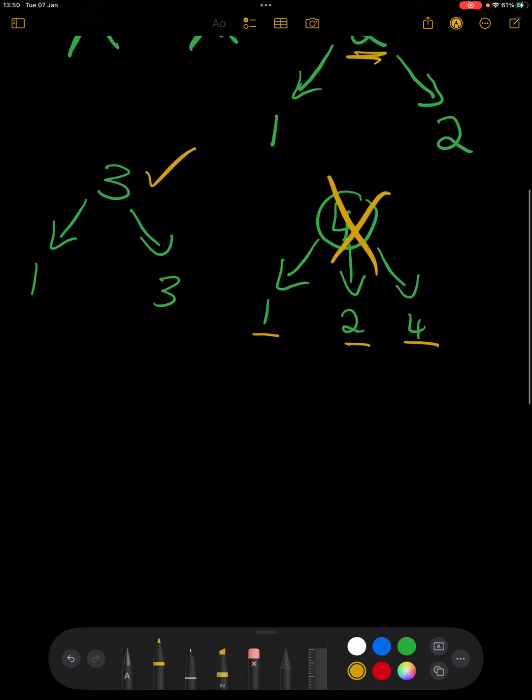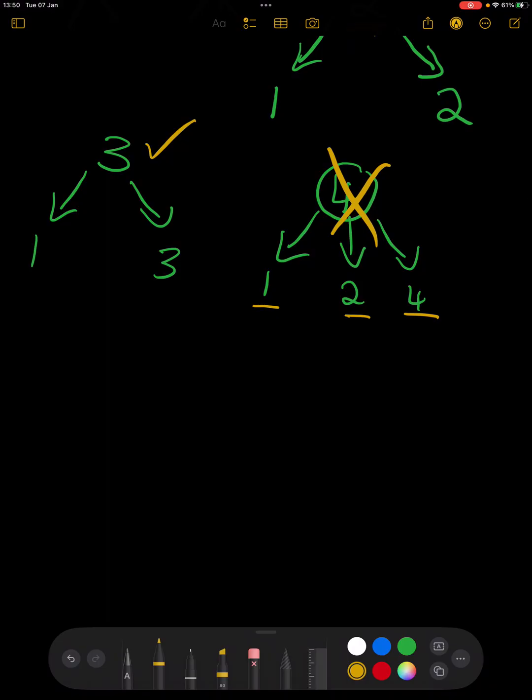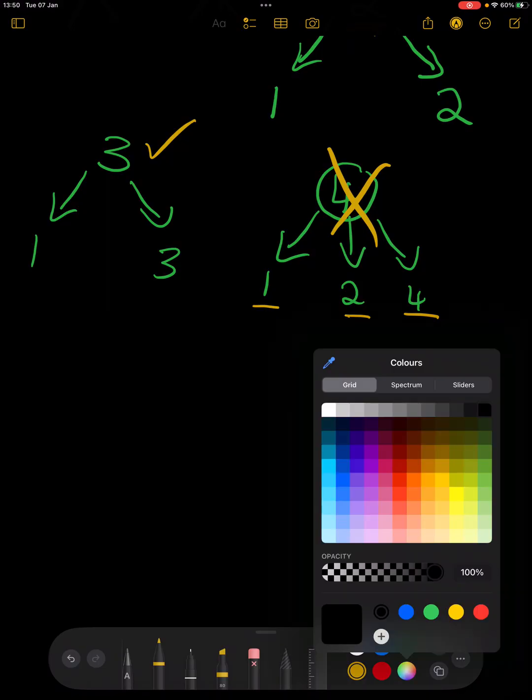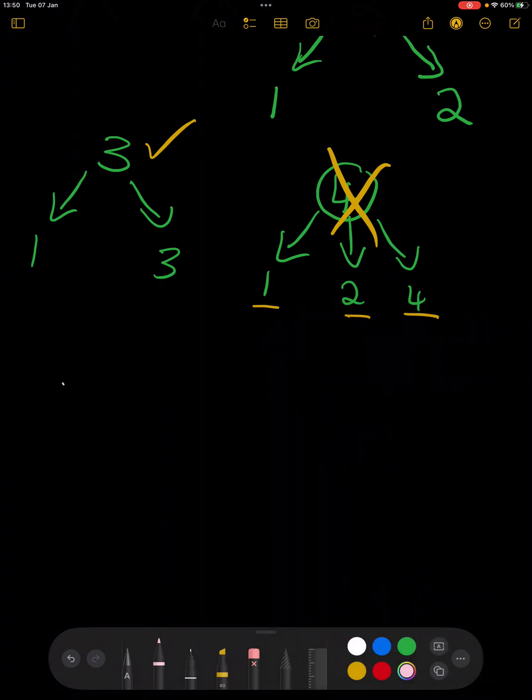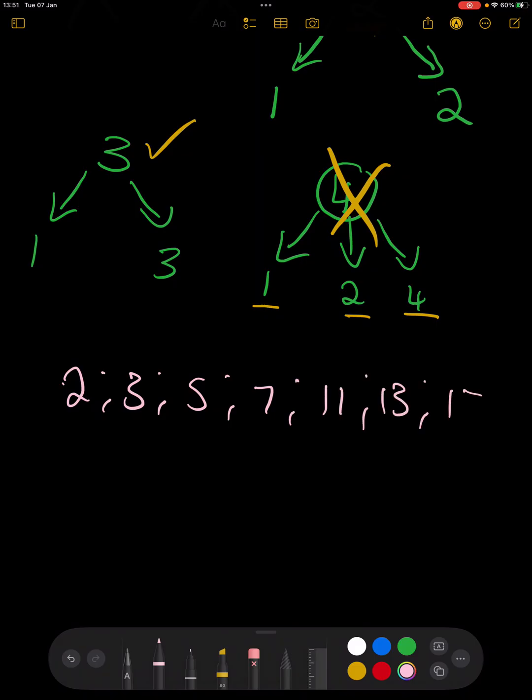All right, so if we look at the prime numbers in general, the most common ones that we often work with are 2, 3, 5, 7, 11, 13, 17, and 19. There are obviously ones that are bigger, but these are the ones that it would do you well to know off by heart. 2 is the only even prime number.